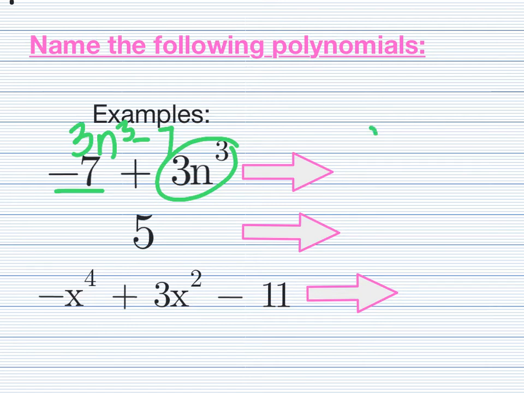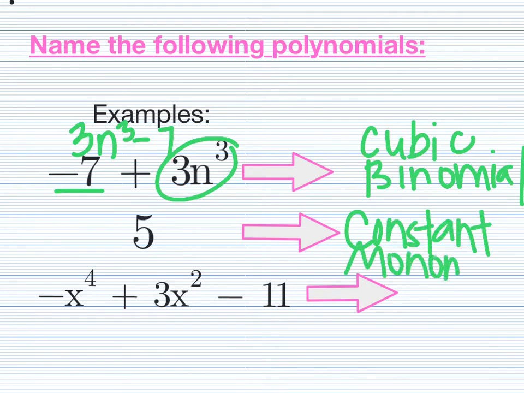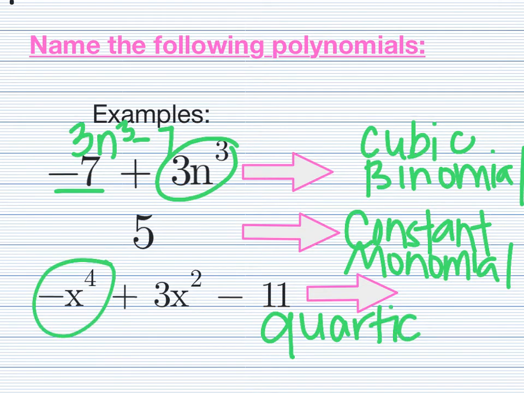So this would be a cubic based off the degree, and it's a binomial because there are 2 terms. So again, just making sure that you're in order. 5, we already saw that one, so that's just a constant monomial. And then the last one would be quartic because it has a degree of 4, and it is already in order, and it's a trinomial.